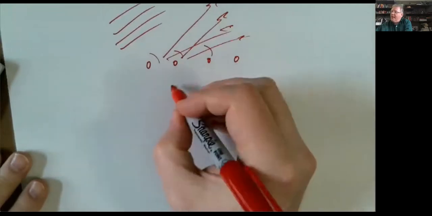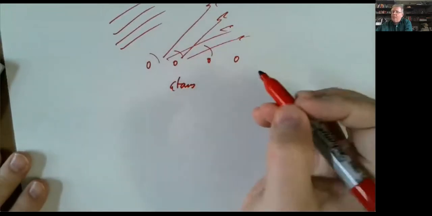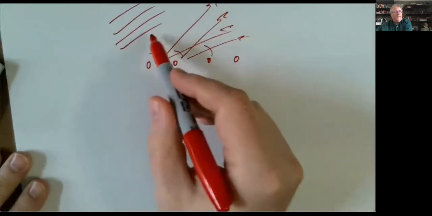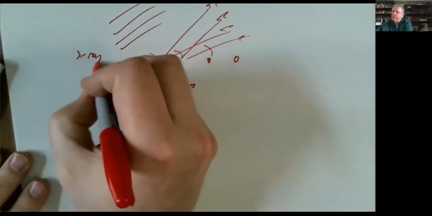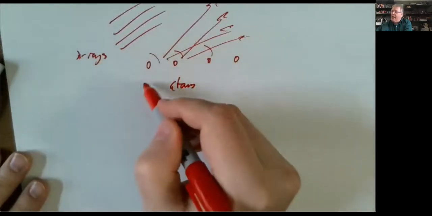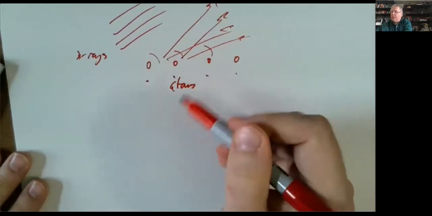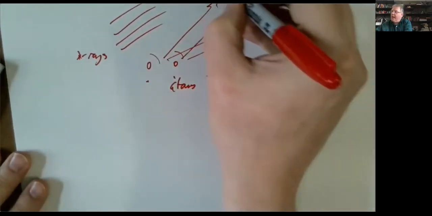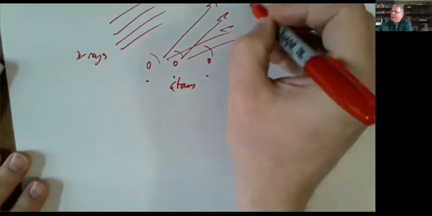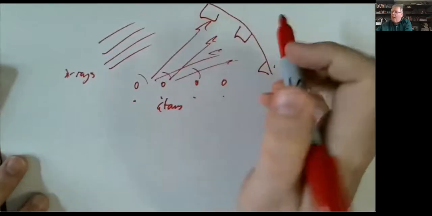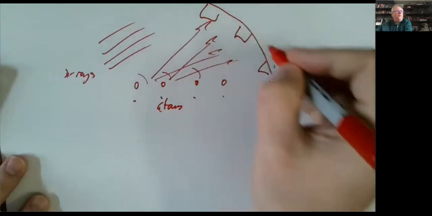If these tiny little things are atoms, then the right wavelength to use is X-rays. If you take a sample made of a regular spacing of atoms and shine X-rays on it, you can move an X-ray detector around and measure how much X-ray bounces off at different angles.